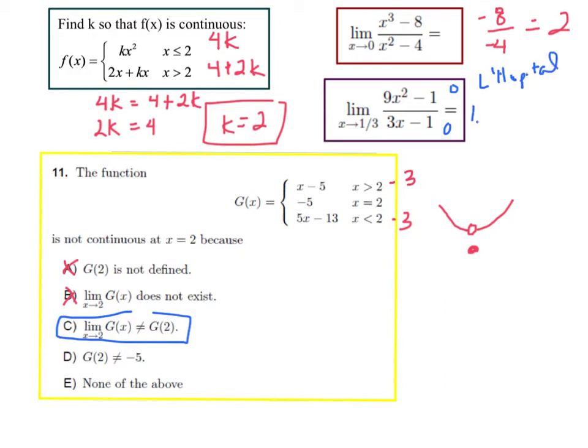So we're still going to do the limit as x approaches 1/3. We're going to take the derivative of the top, which is 18x, and the derivative of the bottom, which is 3. And we're going to plug in 1/3 again. Well, 18 multiplied by 1/3 is 6. 6 divided by 3 is 2.